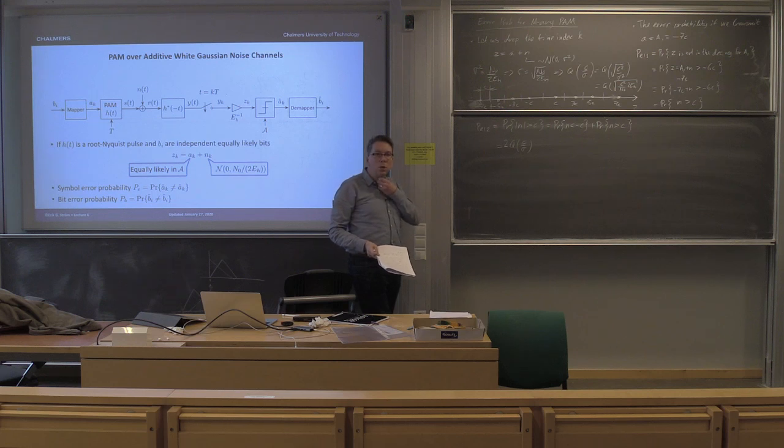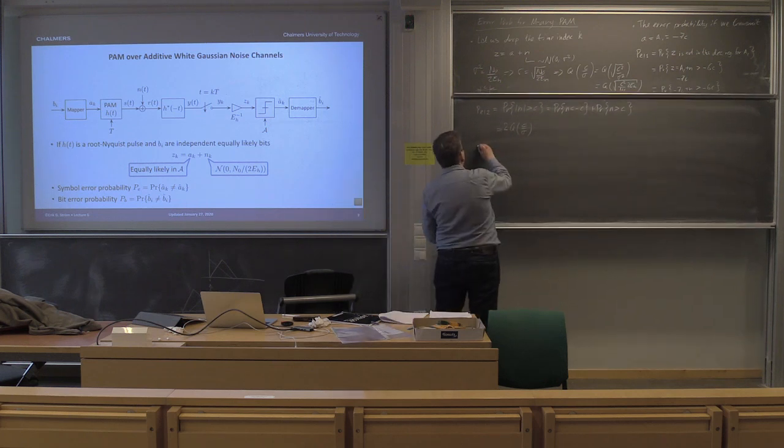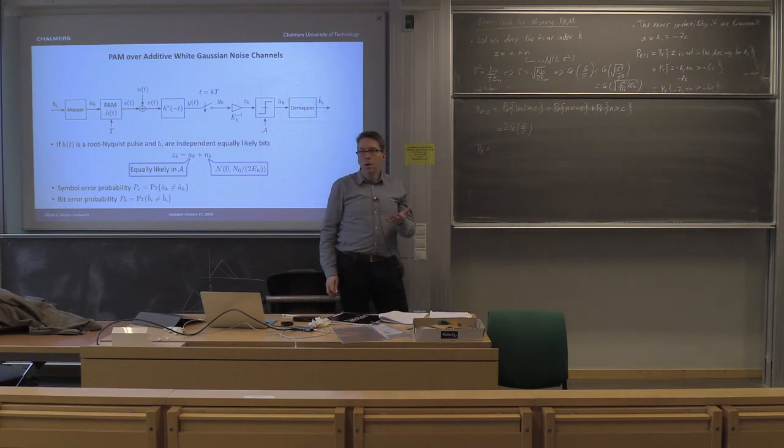Okay, so now we know the error probability of all the points, and the average error probability is the average of the conditional error probabilities. For each signaling point, we know what the error probability is.